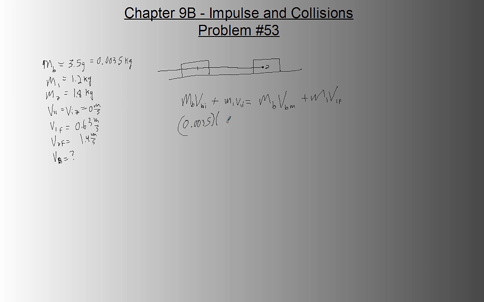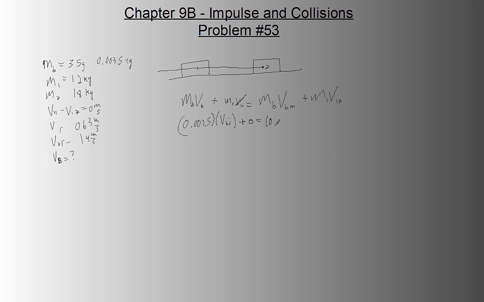Alright, 0.0035 times VB initial, we don't know that, plus 0. Just write more carefully. Velocity initial 1 is 0, so this block's at rest, so that goes away.